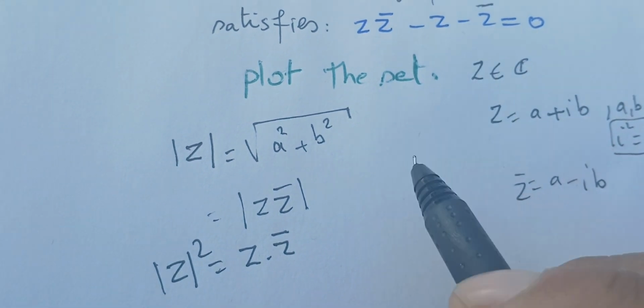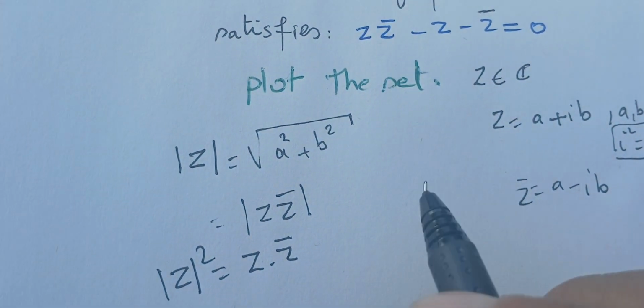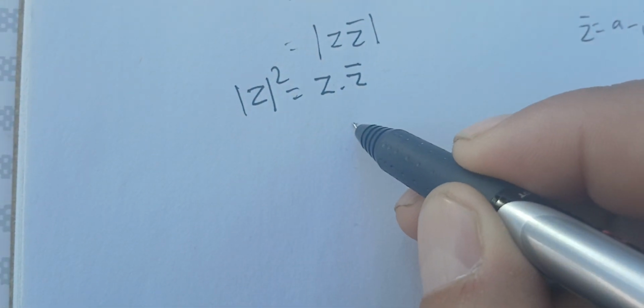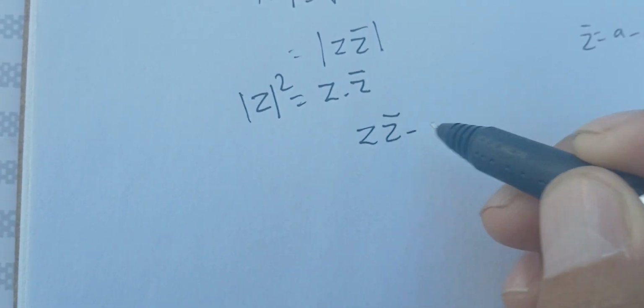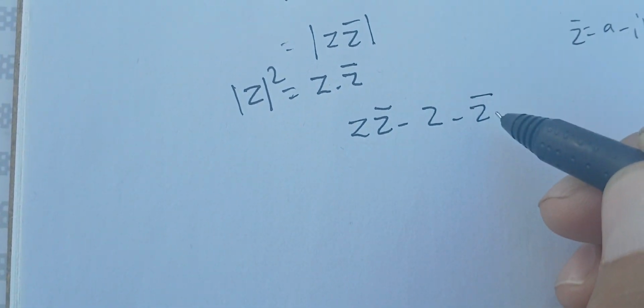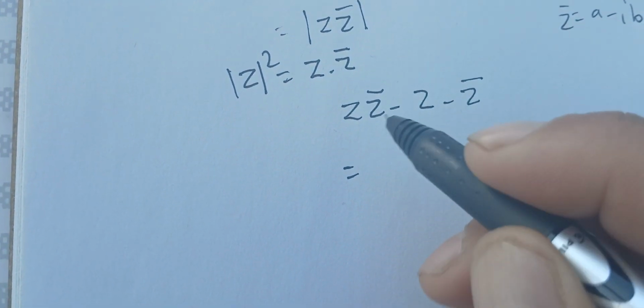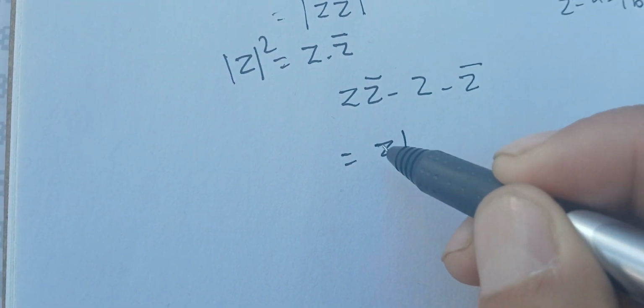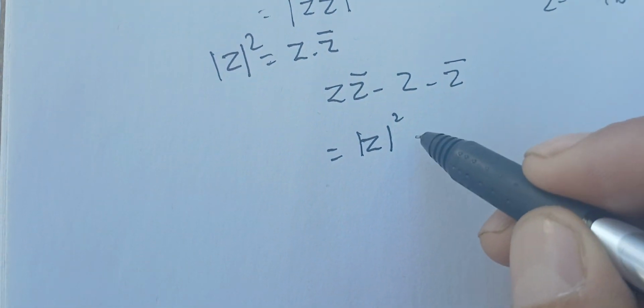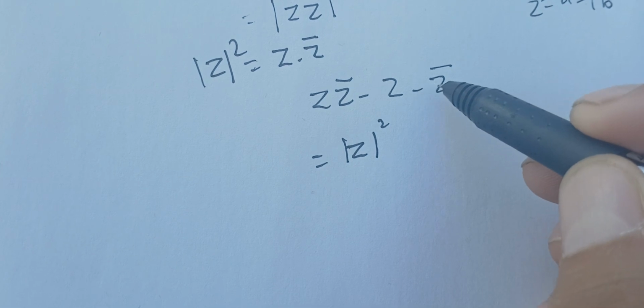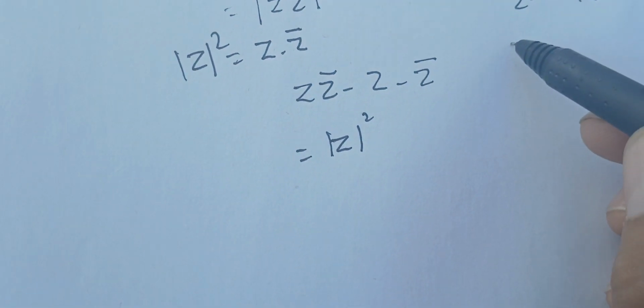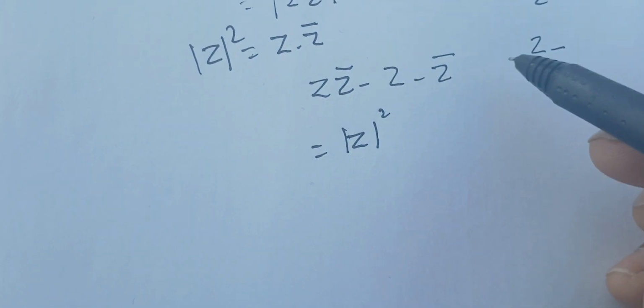Note that in this case we have z times z bar minus z bar, so here we have the modulus of z squared, and this is z minus z bar. We can write this as minus z plus z bar.